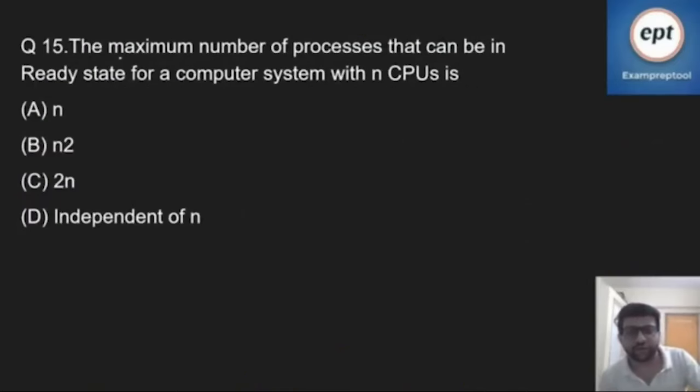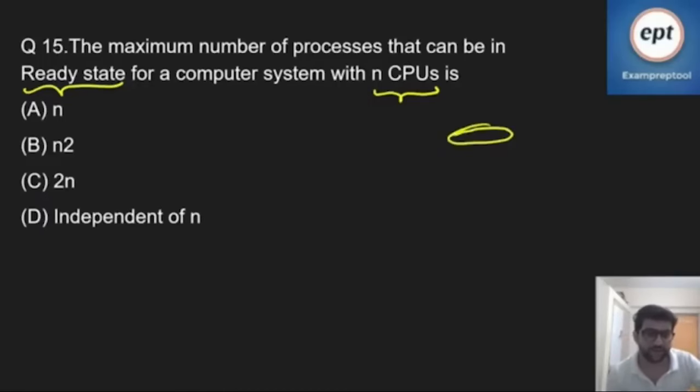So the question states the maximum number of processes that can be in a ready state for a computer with n CPUs. So we have been asked how many processes can be in the ready state. What is the ready state? Ready state is the state when the process is loaded into the main memory.